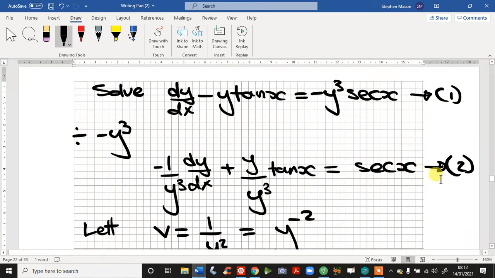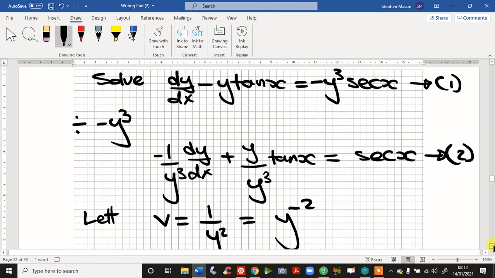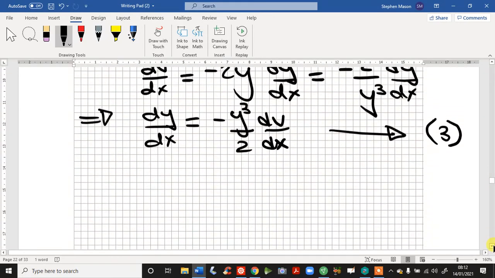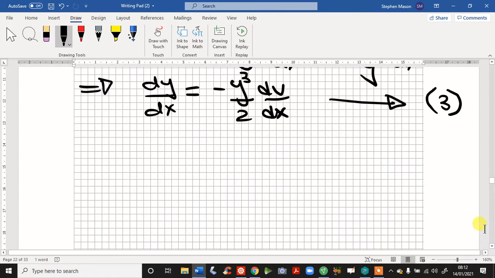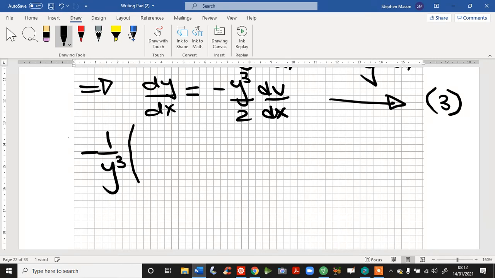Substituting equation 3 back into equation 2, we obtain minus 1 over y cubed multiplied by minus y cubed over 2 dv/dx. Then we've got a plus.